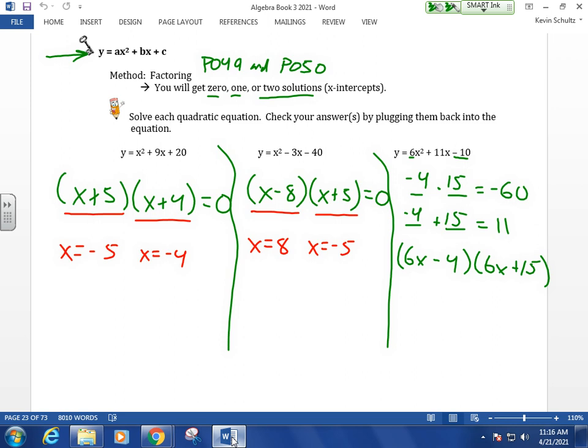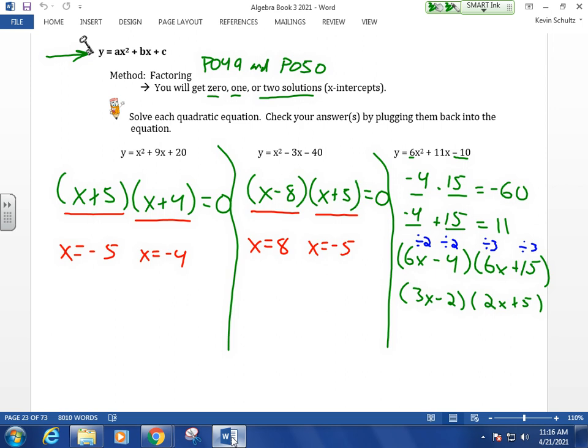So we have to simplify to make this work out. We can divide our first set of parentheses by 2 and divide our second set of parentheses by 3. And that gives us 3x minus 2 and 2x plus 5, which if we FOIL, crab claw box this, we'll get exactly what we had to start with.